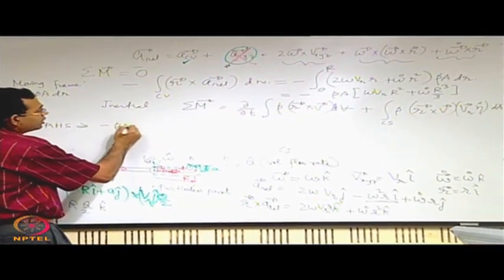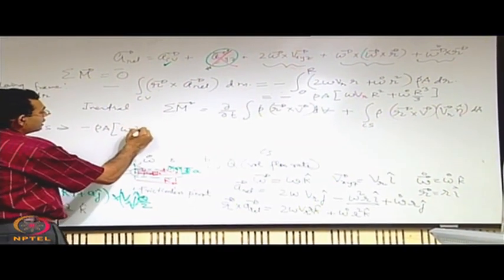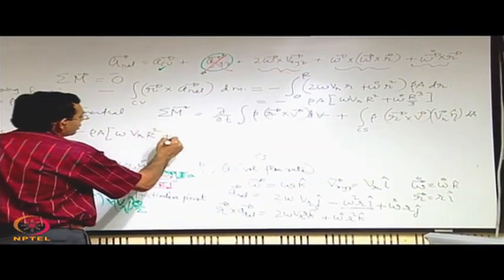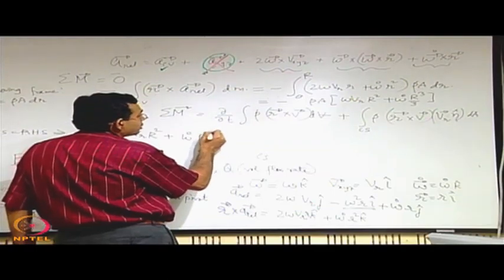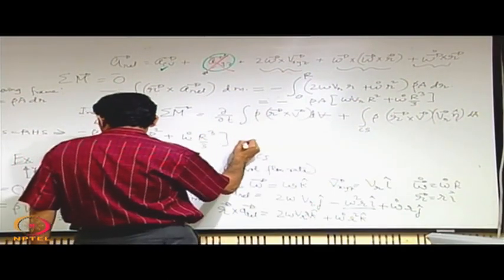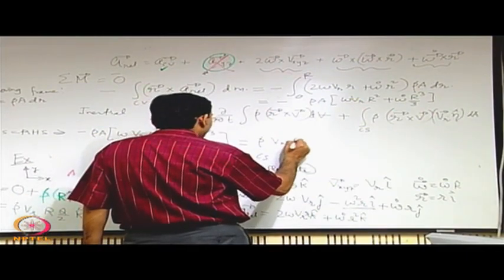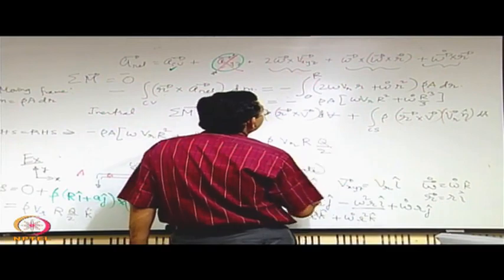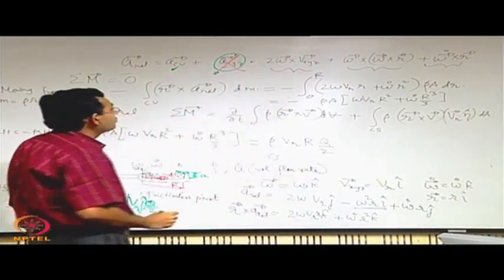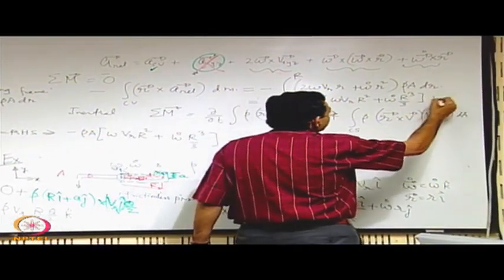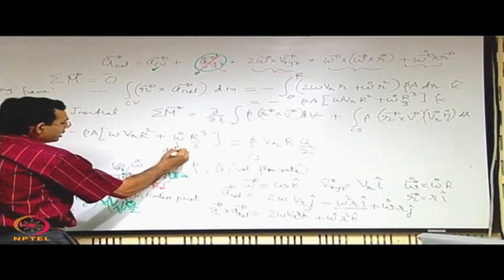Minus rho A omega Vr R square plus omega dot R cube by 3 is equal to rho Vr R q by 2. This we missed, the k cap, the vector sign that was there. So, this omega dot is nothing but d omega dt.